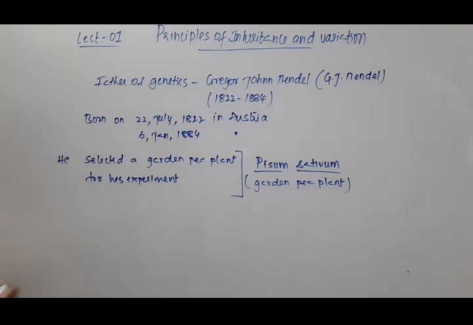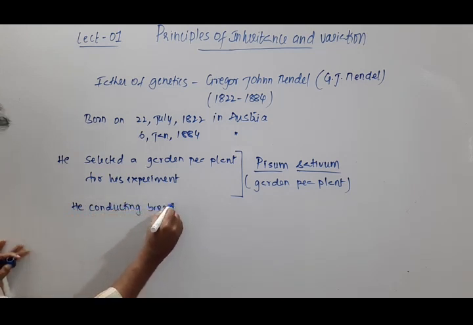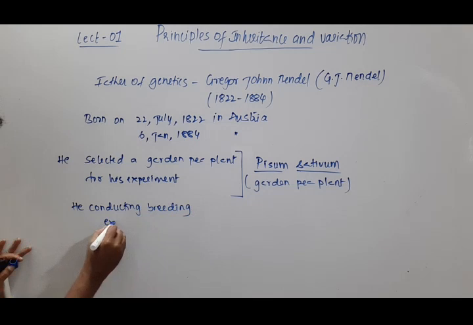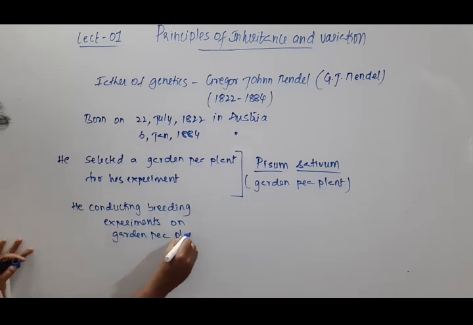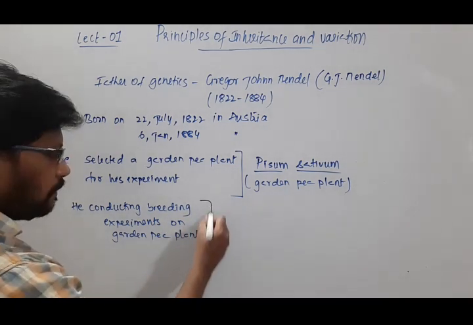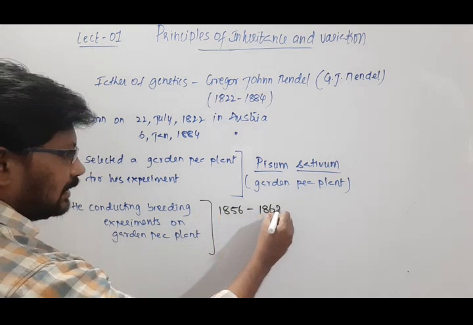And he conducted breeding experiments on the garden pea plant for a span of 7 years, from 1856 to 1863.